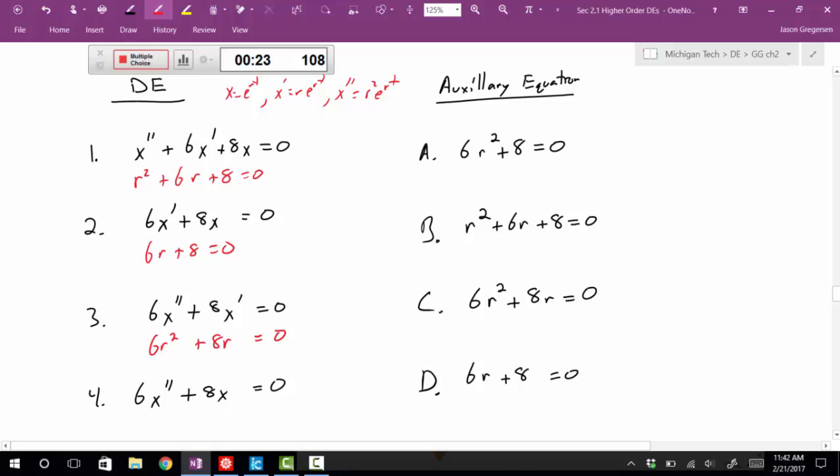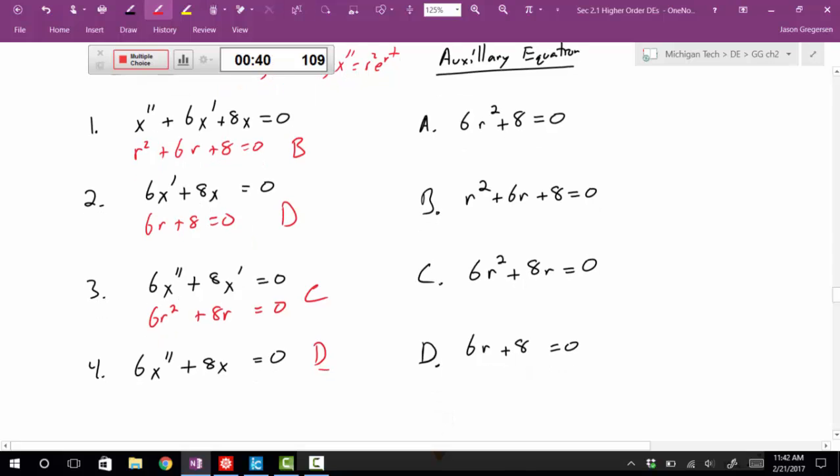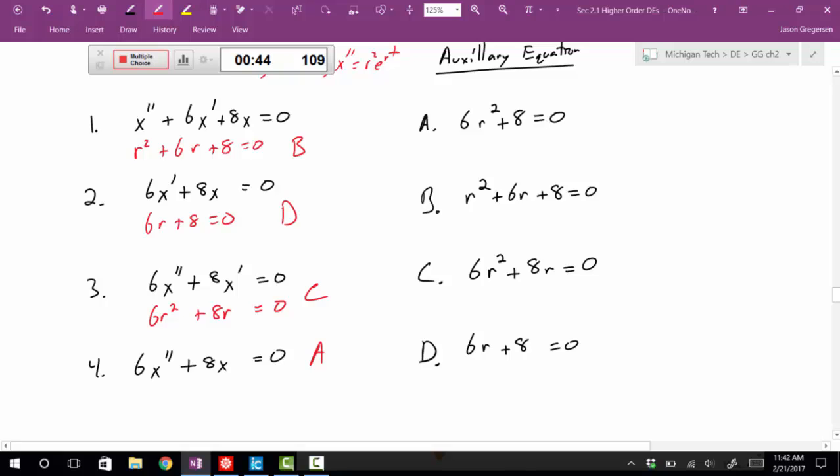No constant because there is no x term here. So how are we matching these guys up? This was D here. This was B here. This one we said was, what was it? C. And the last one must be D, right? Sorry, A. Numbers good, letters bad.